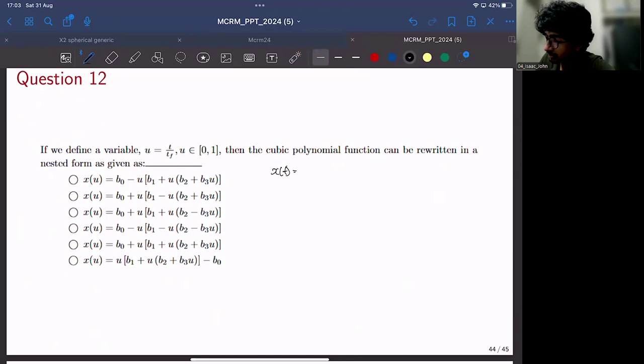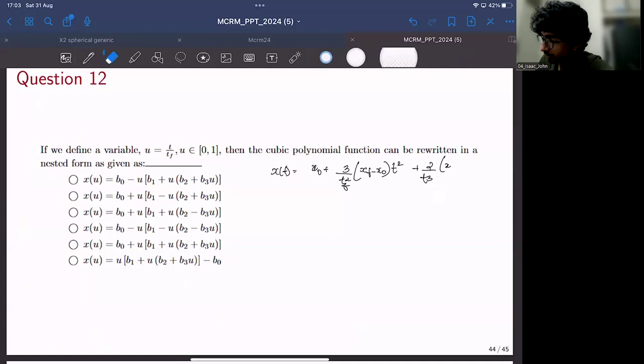x of t is x0 plus 3 by tf square (xf minus x0) t square, plus 2 by tf cube, minus 2 by tf cube (xf minus x0) t cube.